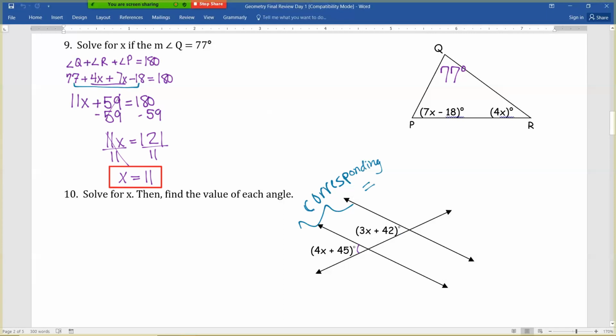So this angle is congruent to this angle, which means 3x plus 42 has to equal the other angle, 4x plus 45. So again, another algebraic equation that you need to solve. Get your x's all on one side, your constants all on the other.